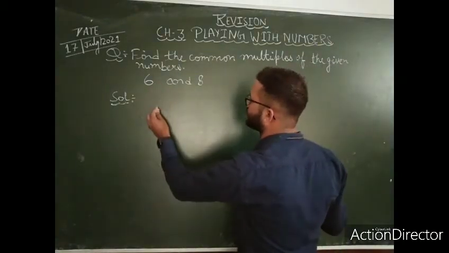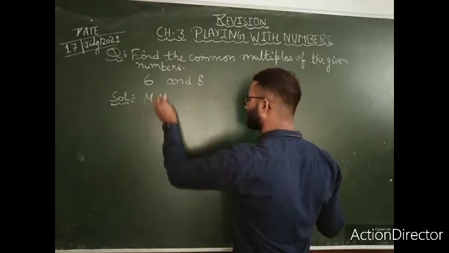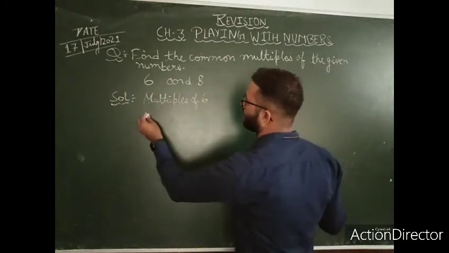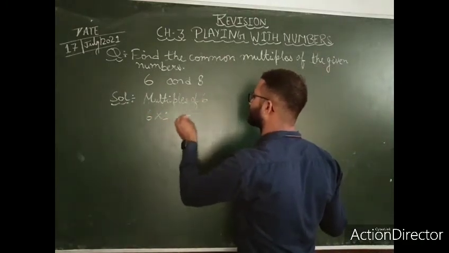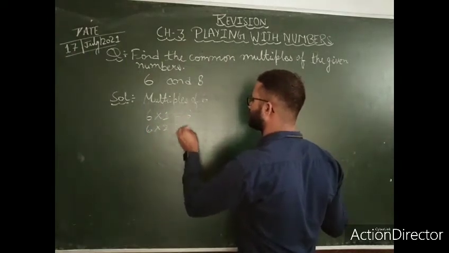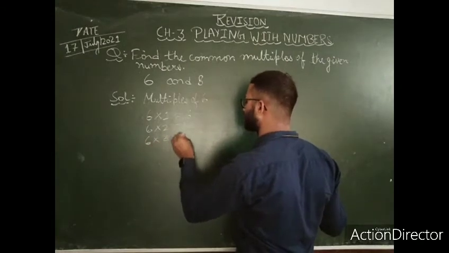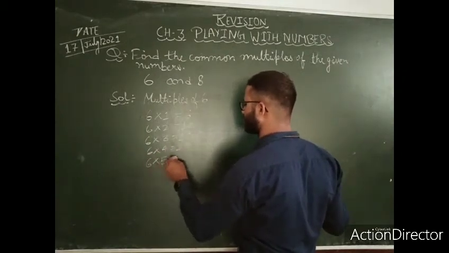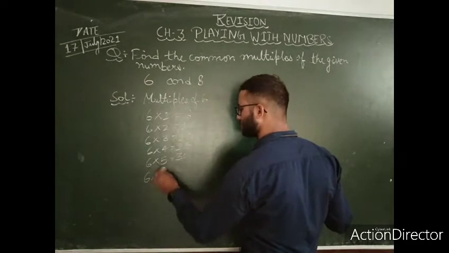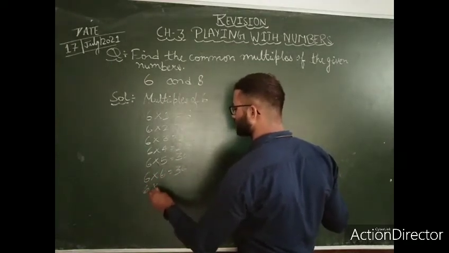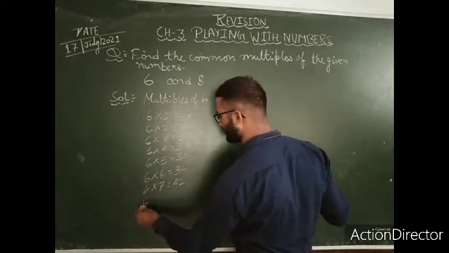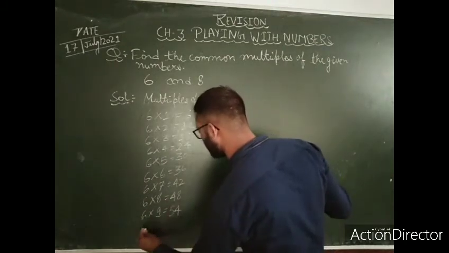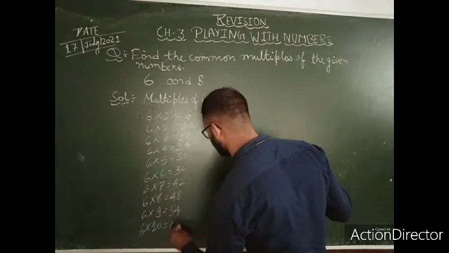First we write the multiples of 6 here. So 6 1s are 6, 6 2s are 12, 6 3s are 18, 6 4s are 24, 6 5s are 30, 6 6s are 36, 6 7s are 42, 6 8s are 48, 6 9s are 54, and 6 10s are 60, right?